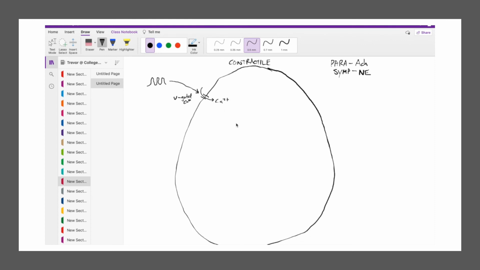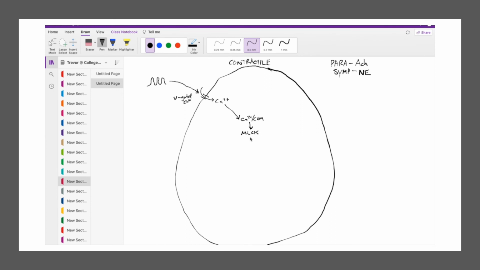Okay. Now, we also reviewed that calcium, upon entering the cell, binds calmodulin and forms the calcium-calmodulin complex. Okay. And that goes on and activates our myosin light chain kinase.